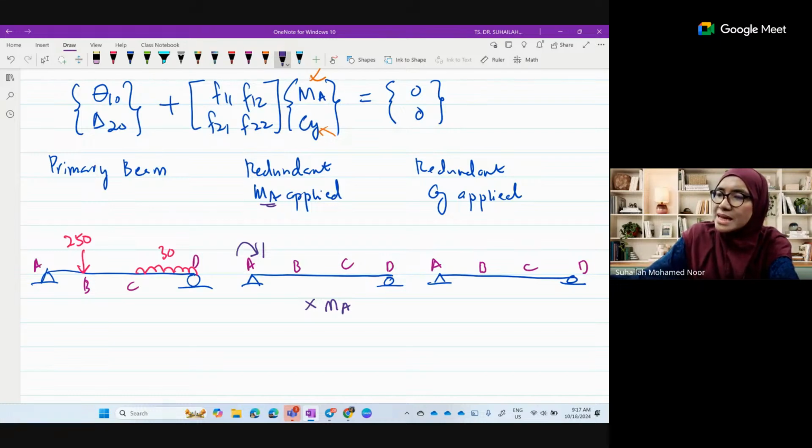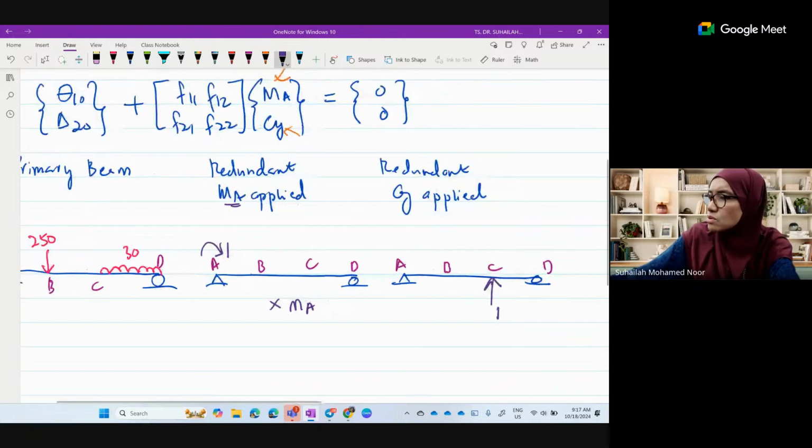Okay, next is redundant CY applied. Redundant CY applied, it is the same beam. The simply supported beam subjected to a unit value of CY. A unit value of CY. So yang ni, CY tu outside ya.